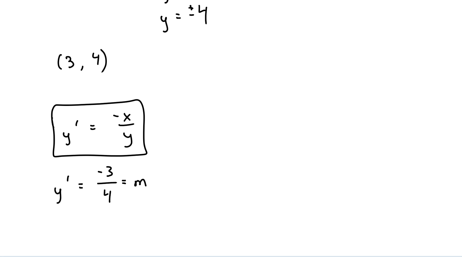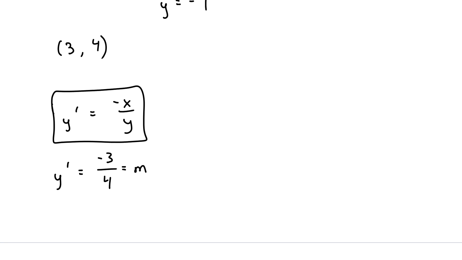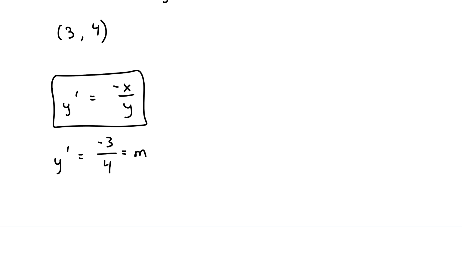Now I can go ahead and write the equation of the tangent line. We'll have to say y minus y1, which is 4, equals m, that's going to be negative 3/4, times x minus my x coordinate, which is 3. So here I've got y minus 4 equals negative 3/4 times the quantity x minus 3.